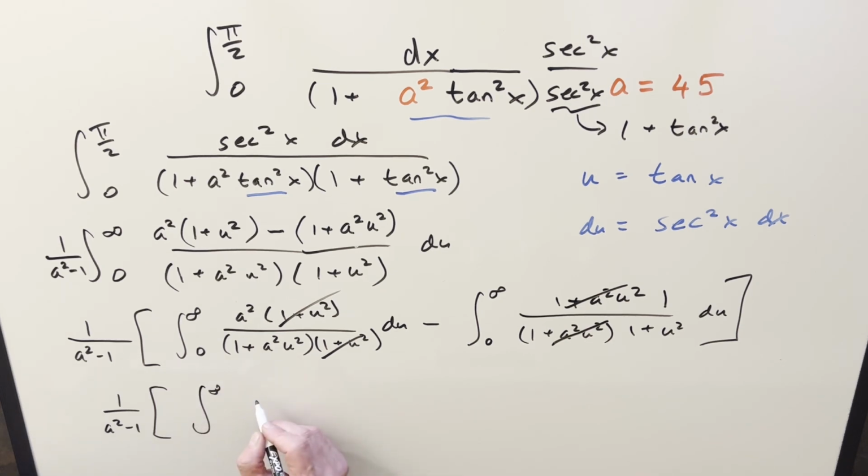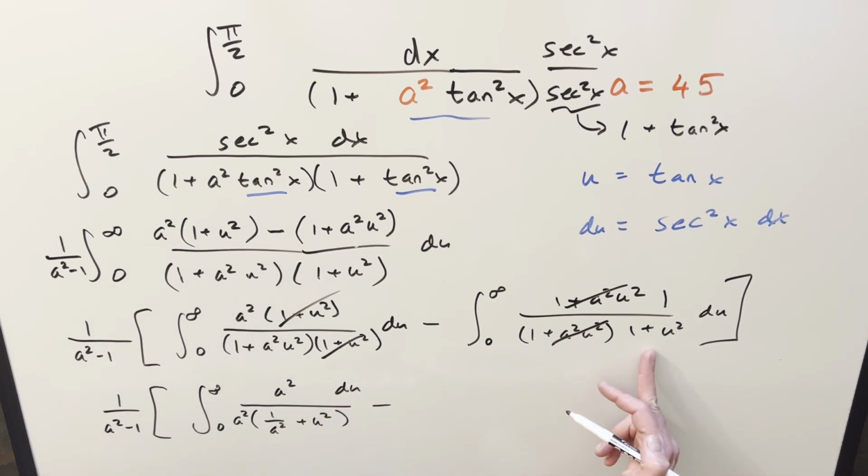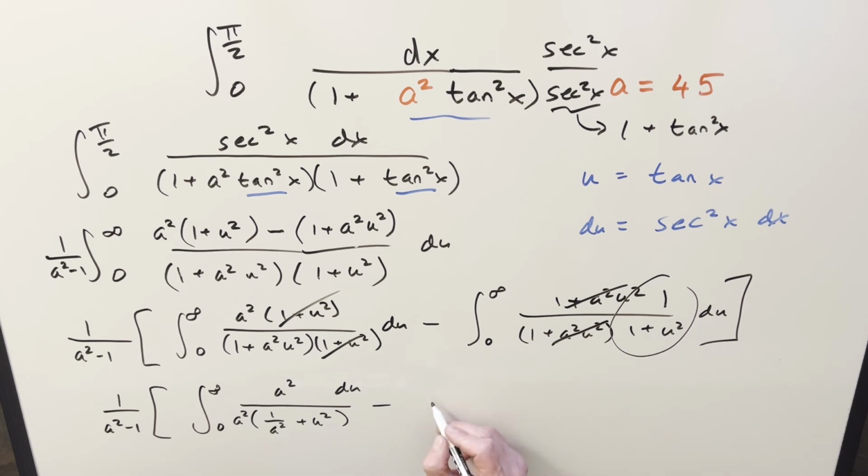If I factor a squared out of the denominator, the 1 becomes 1 over a squared, and then this just becomes u squared. For the second integral, all that we have left is exactly the arctan integral. So what we have over here is just arctan of u from 0 to infinity.